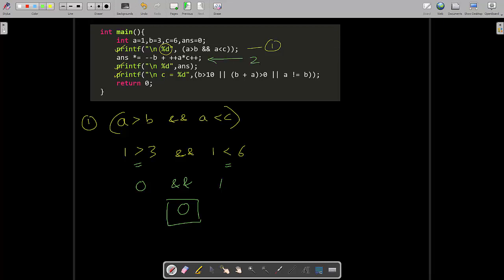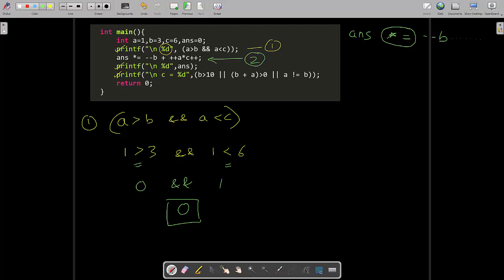This is the second expression. Let us write it down over here. Now the second expression is very tricky. The second expression says that answer times equal to minus minus b and something something something, but the point to note is this particular assignment operator.